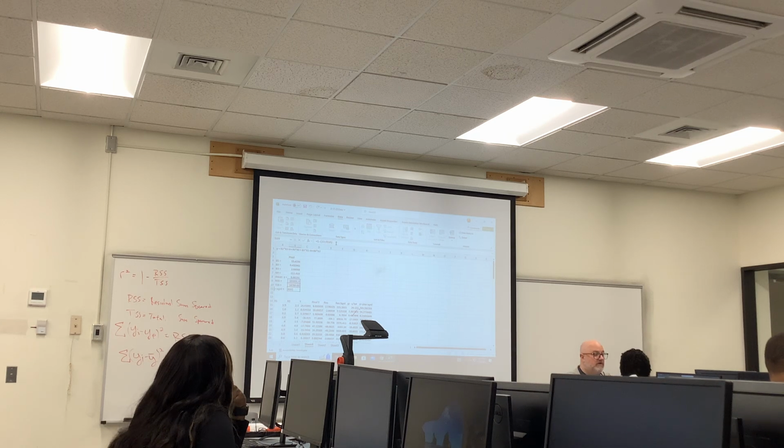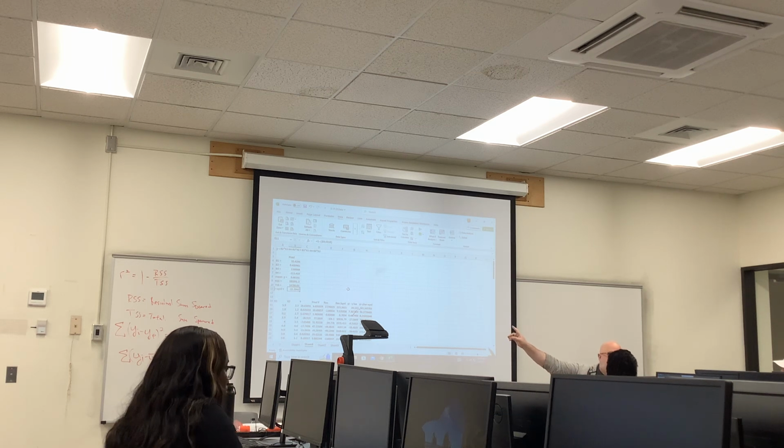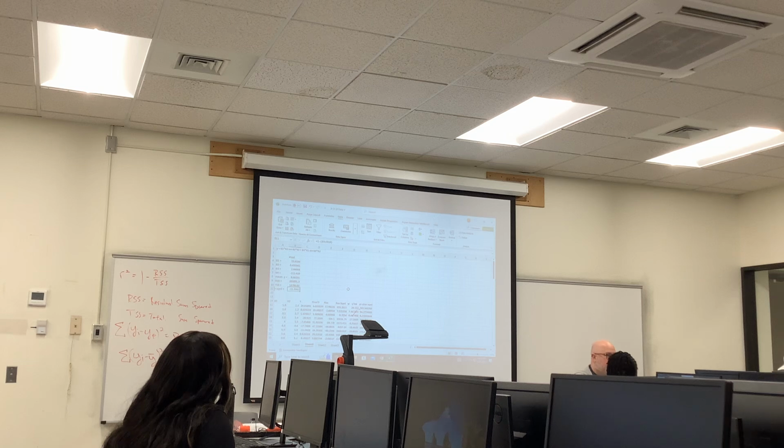And our R squared is still right, because it's still 1 minus RSS over TSS. You're gonna notice our R squared is negative. That's because our RSS is much bigger than our TSS, and therefore we're getting a negative value. If anybody's confused, please ask.